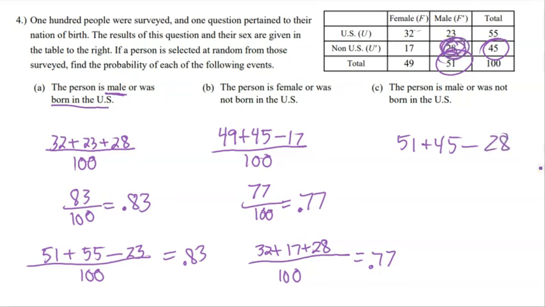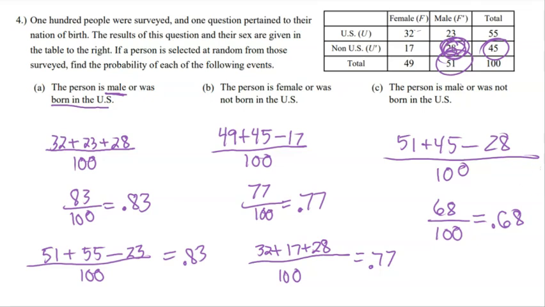So minus 28. So 51 plus 45, that's 96. 96 minus 28. Let's see here, that's going to be 68. This is over 100, so it's going to be 68 over 100, and that's going to be 0.68, okay?